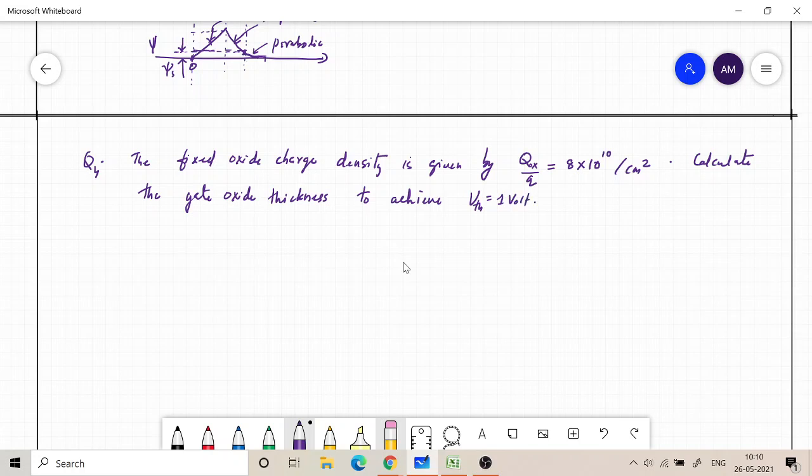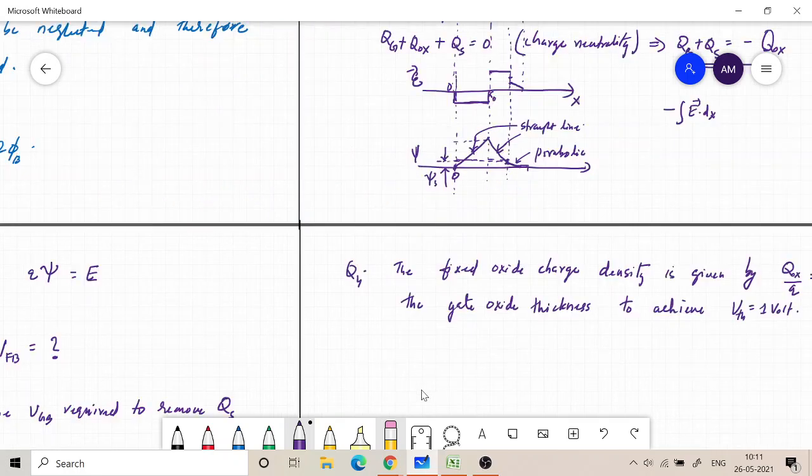There is some charge inside. As I told you, it will introduce some flat band voltage, and earlier we had derived the threshold voltage. It was something like 2 point something.